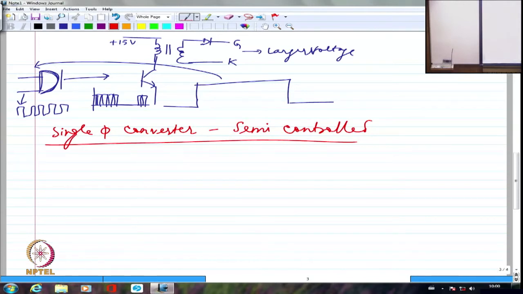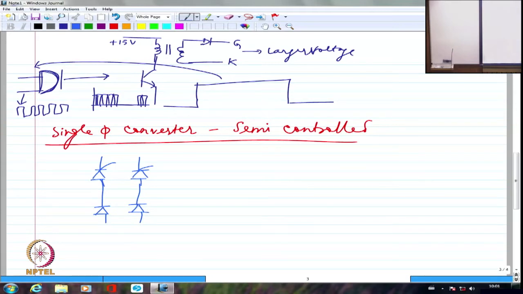We can call it semi-controlled when we have 2 diodes and 2 thyristors. So we are essentially going to have, let us say, 2 thyristors like this and then 2 diodes like this. I can even draw in one leg both of them thyristor, in the other leg both of them diode. There is nothing wrong. But I want to be uniform over 3-phase and single phase.